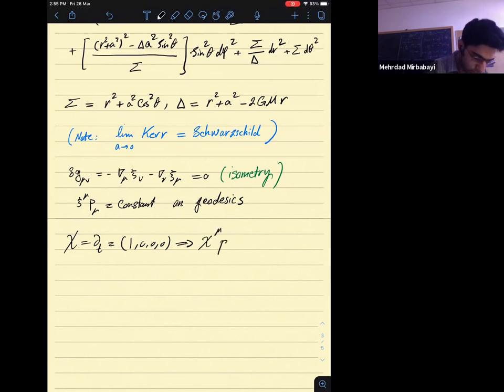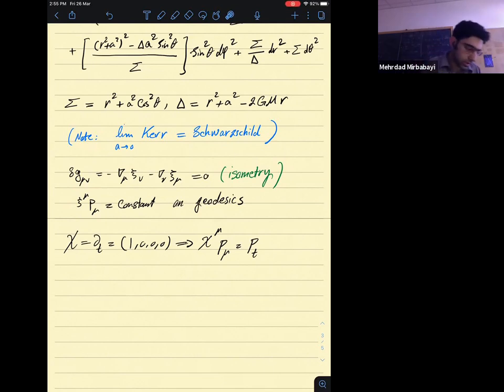Then chi mu p mu is nothing but p0 or pt, which you saw is a conserved quantity along geodesics. Similarly, if I have axial symmetry, then we have conservation of angular momentum along geodesics, which you can again express in this form. Then p phi would be, for instance, conserved. Okay, so this is, I guess, enough for isometries.